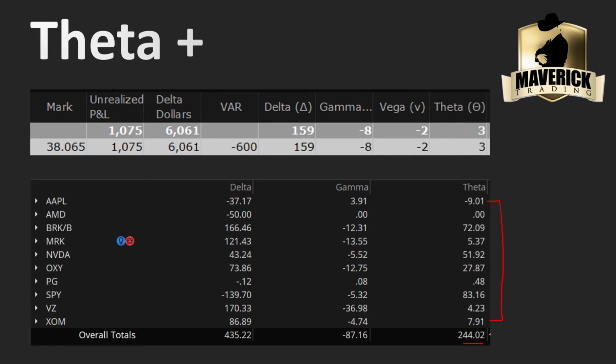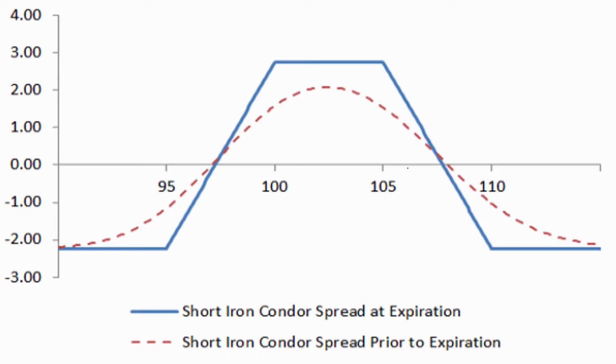Not all of these thetas are guaranteed to stay positive, and that's what we're going to talk about today: how trades can shift. When you pull up a risk graph, you'll tend to see the at-expiration risk graph, which is the blue line on this chart. And then there will be a progression line, and that progression line will move towards the blue line over time.